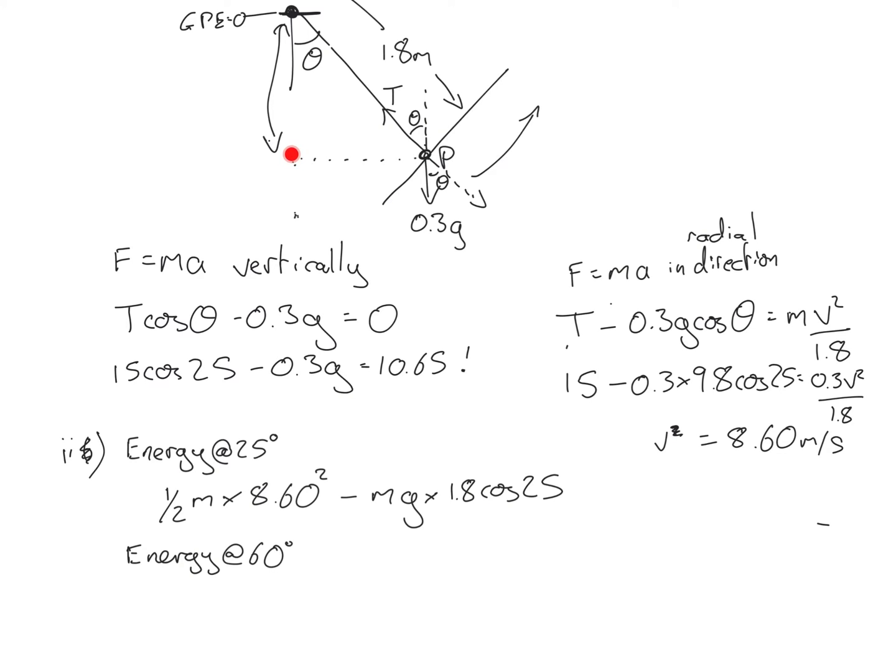It's negative GPE because it's below this point, but this is 1.8. This distance is why I do it about here, so that this is easy. I thought doing it from the bottom was going to be easy. It's rarely, because this is 1.8. You could do it from the bottom. As in the point where it is at 25 degrees is 0, and then your change is your different one. Yeah, it can get there.